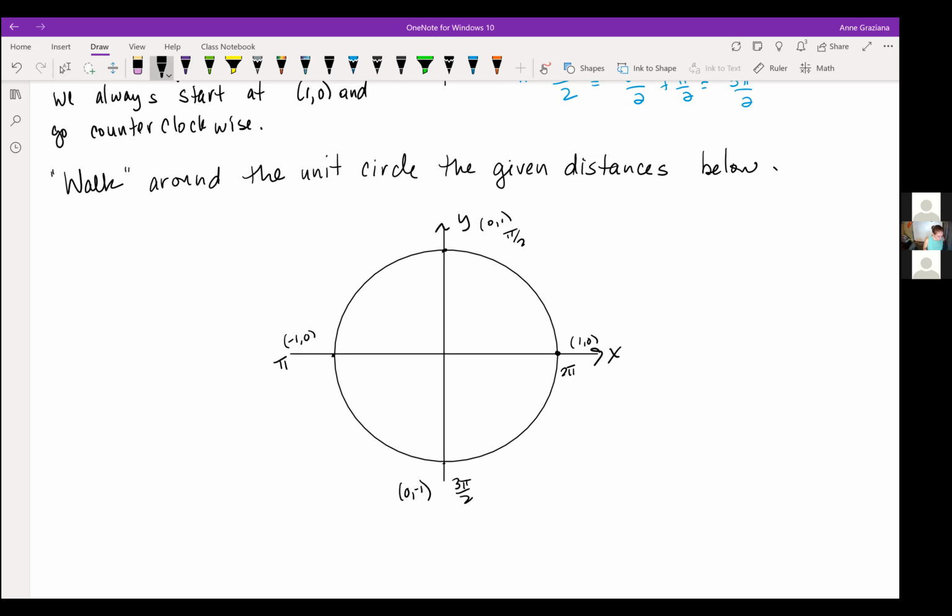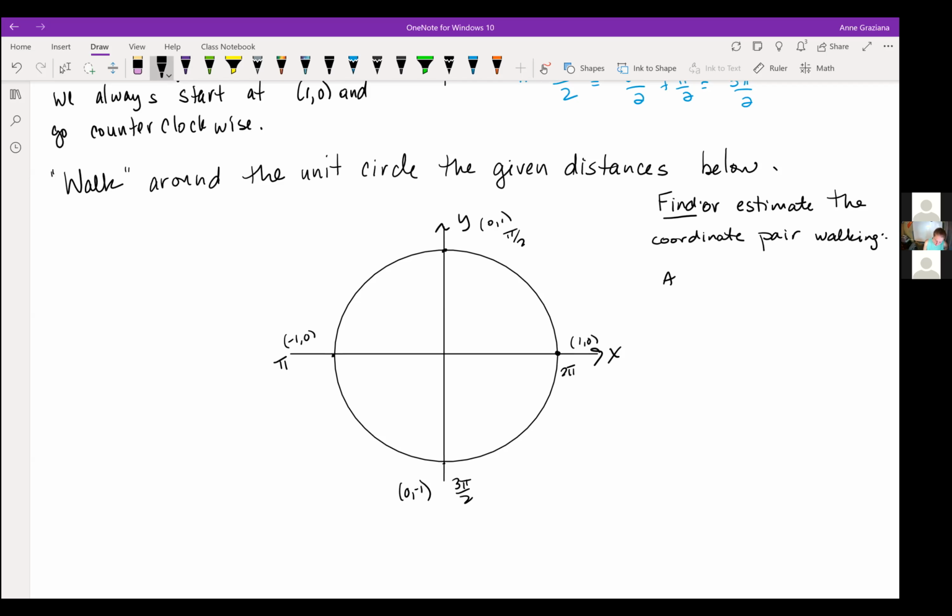Okay. All right. So A. Let's go pi miles. Find or estimate the coordinate pair walking blank.